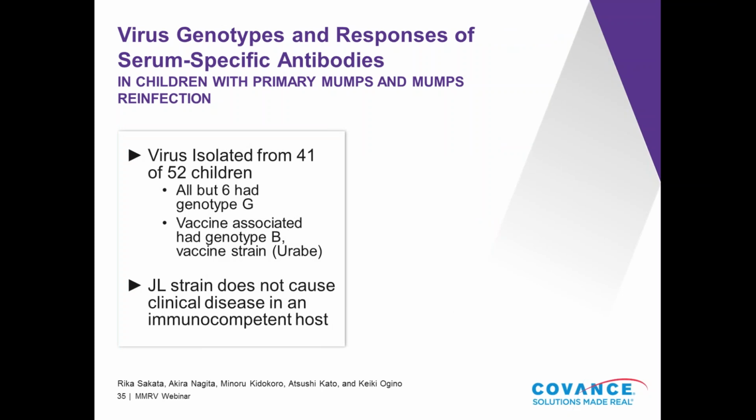It is also worthy to note that all but 6 isolated mumps viruses from 41 children were of the more common, not vaccine-related, genotype G. Again, highlighting the effect of the diversity among the circulating strains.